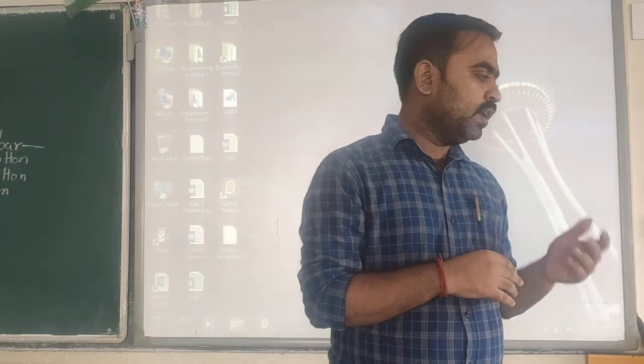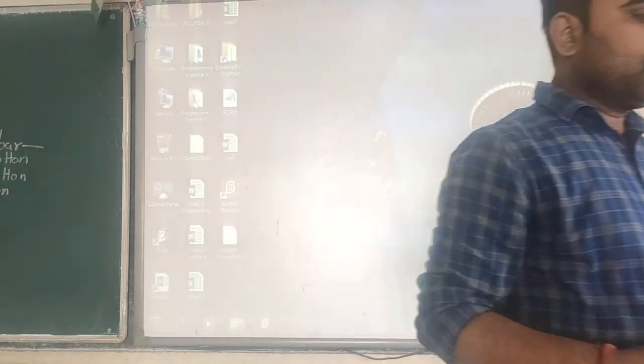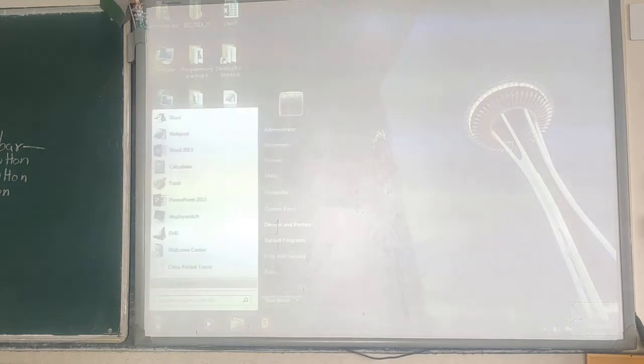So let's start. As we discussed the steps in the previous class, first of all you have to click on the start button. As soon as you click on it, the start menu appears, and then you have to click on all programs.